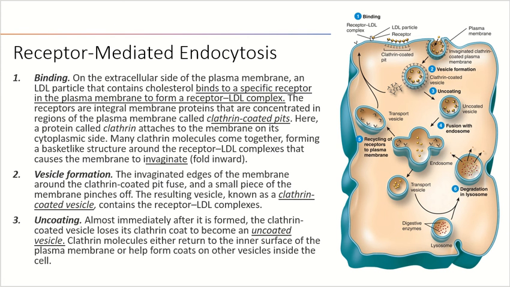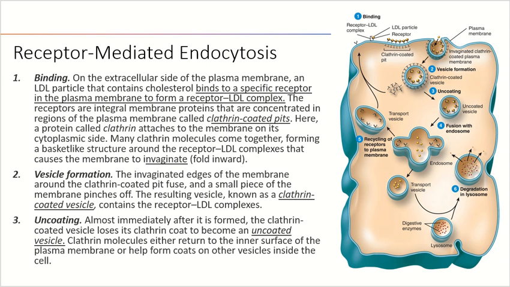These receptors are integral membrane proteins that are concentrated in regions of the plasma membrane called clathrin-coated pits. Here, a protein called clathrin is attached to the membrane on its cytoplasmic side. So we can see our clathrin-coated pit here with our LDL receptors and our LDL molecules bound, forming our LDL complex.